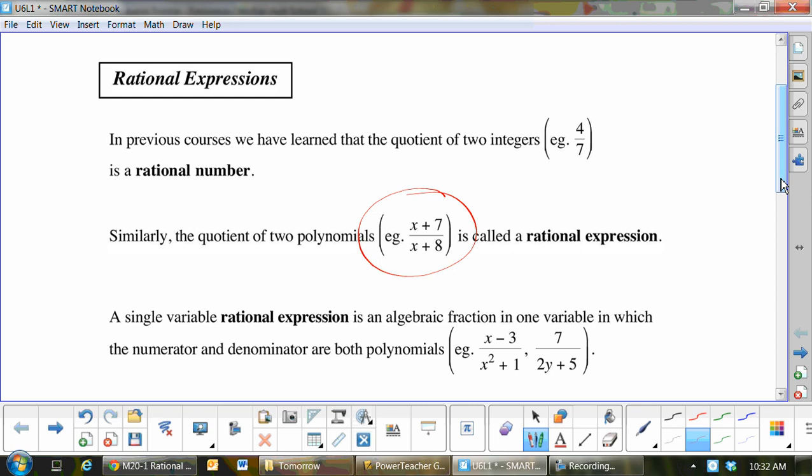So the non-permissible value here is, we could say, x cannot equal -8. If -8 gets put in there, well, -8 plus 8 is 0, I don't even care what the top equals.